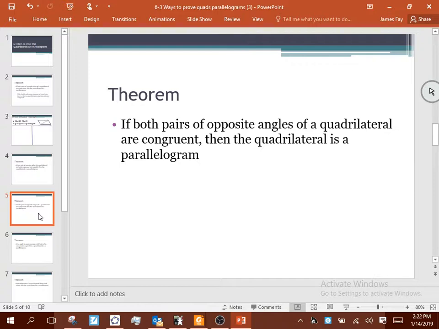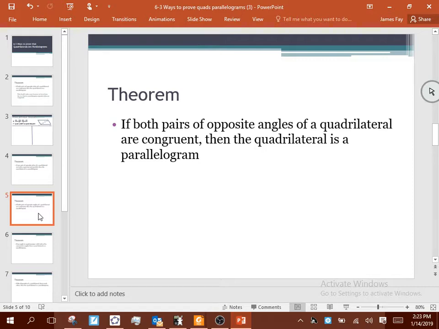If both pairs of opposite angles of a quadrilateral are congruent, then the quadrilateral is a parallelogram. Both pairs of opposite angles congruent, then the quadrilateral is a parallelogram. What's happening here is we are defining or laying out the properties that we're going to use inside the coordinate plane here pretty soon to show whether a set of 4 points produces a parallelogram or not.